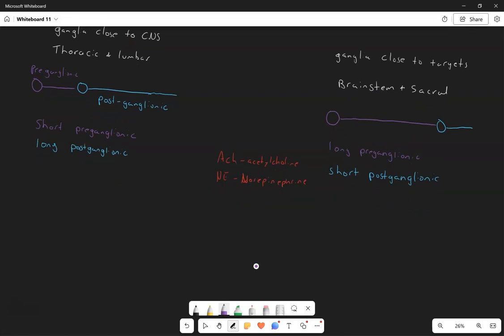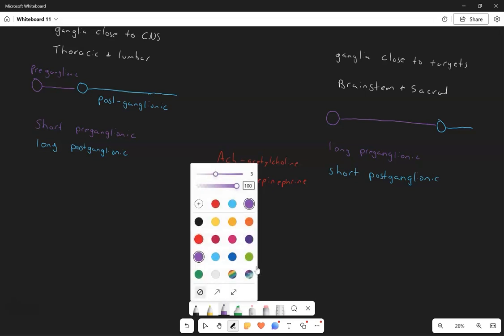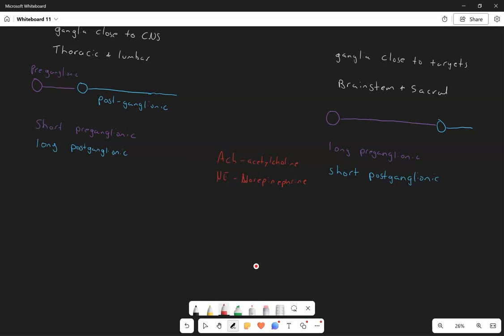So we can have a cholinergic receptor. What do you think a cholinergic receptor binds to? It binds to acetylcholine, right? So that's a cholinergic receptor.